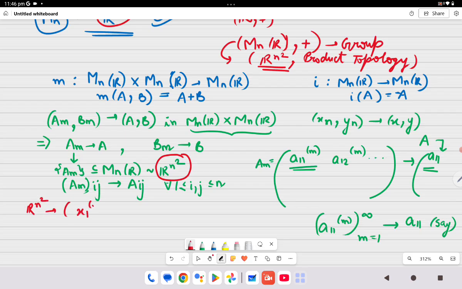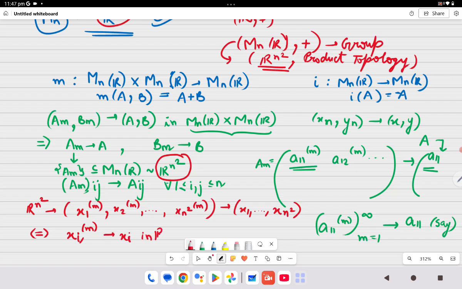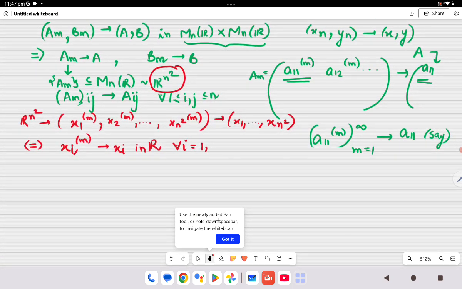So if I have x1m, x2m, and so on, it will go till xn square m. ठीक है, so this sequence converges to x1, x2, so on till xn square if and only if for all i, this xim sequence will converge to xi in R. Okay, and this is for all i equal to 1, so on till n square.